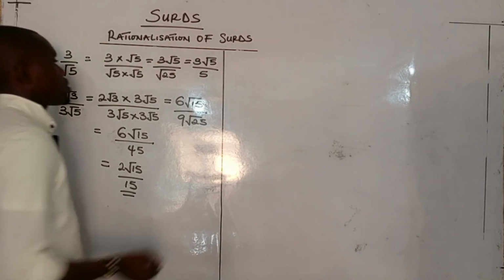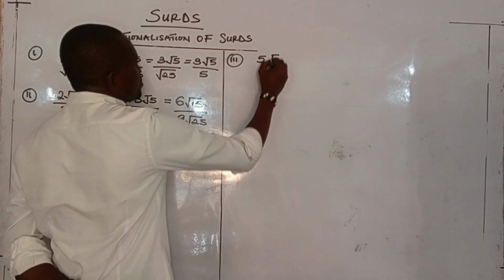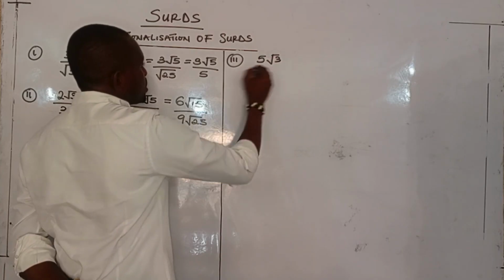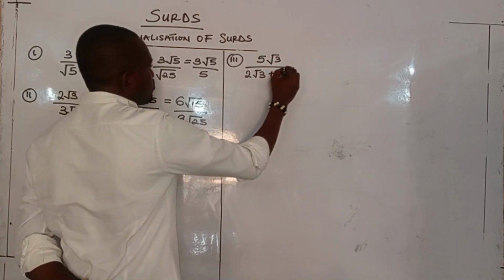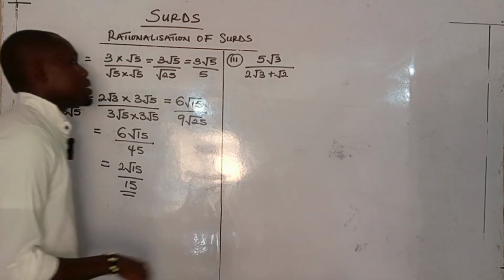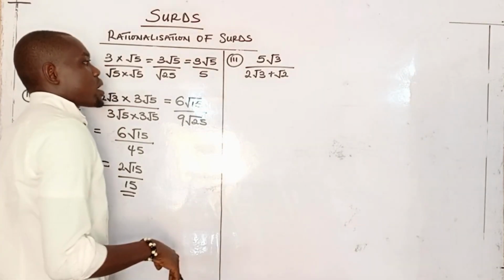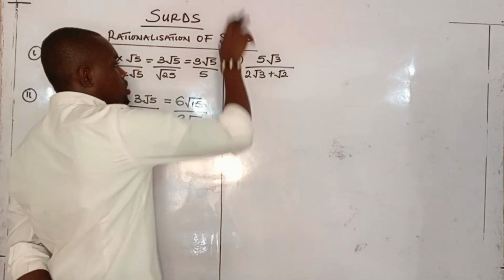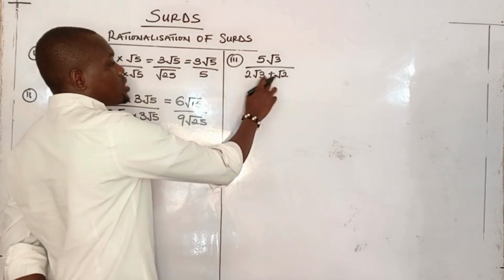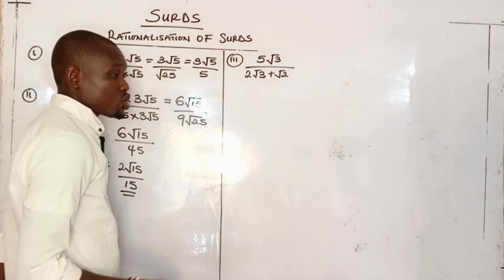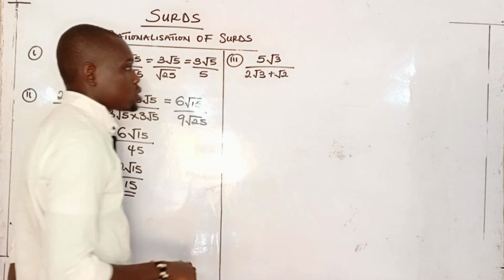Now, another situation is where we have, let's say, 5 root of 3 to be divided by 2 root of 3 plus root of 2. In this situation, it's different from the first two scenarios. In this one, if you are to rationalize, that is, to multiply the numerator and the denominator by the denominator, the plus sign here is going to change into minus, and where it is minus, it will change into plus.